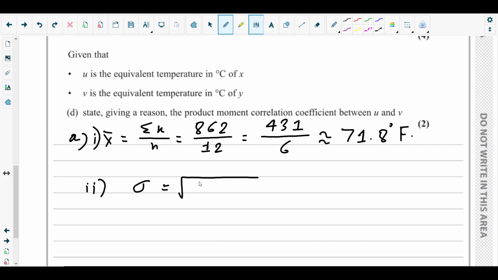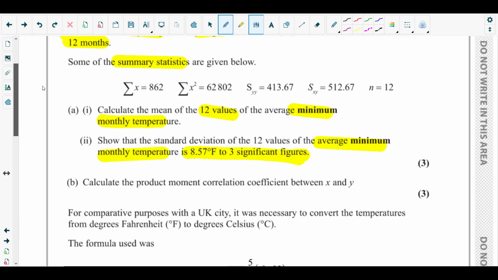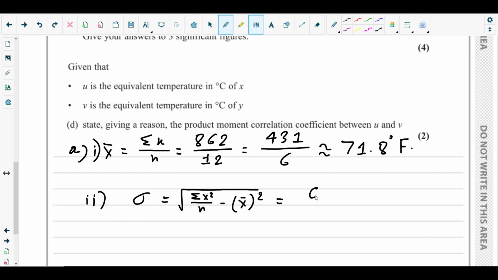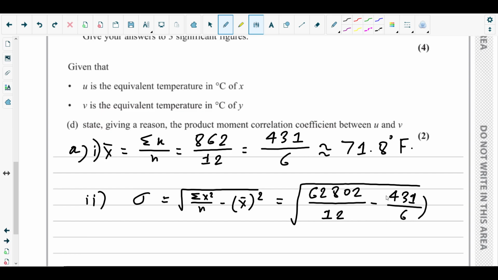The variance is the sum of x squared over n minus the mean squared. The sum of x squared is given in the summary as 62,802, so it is 62,802 over 12 minus the mean, 431 over 6, whole squared.